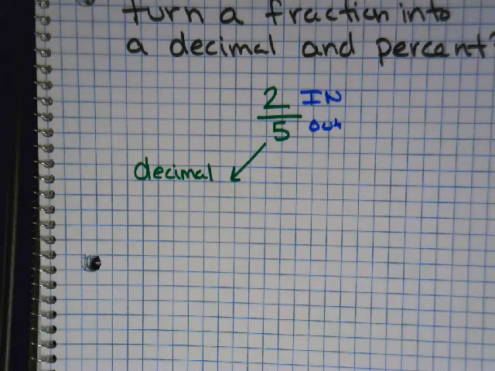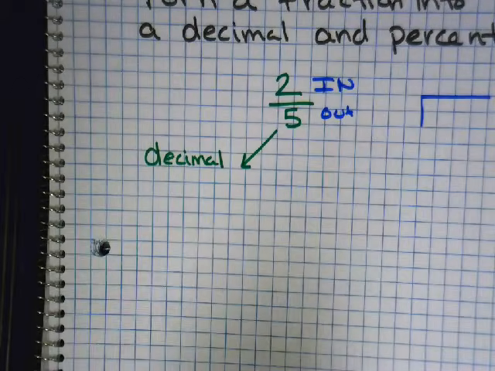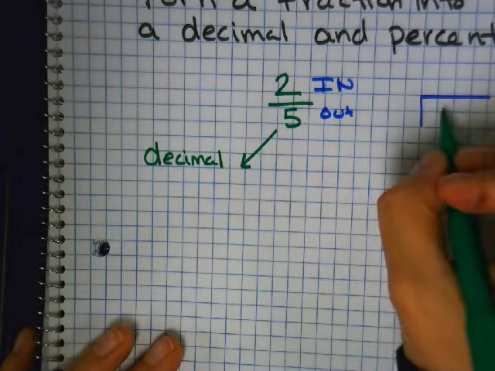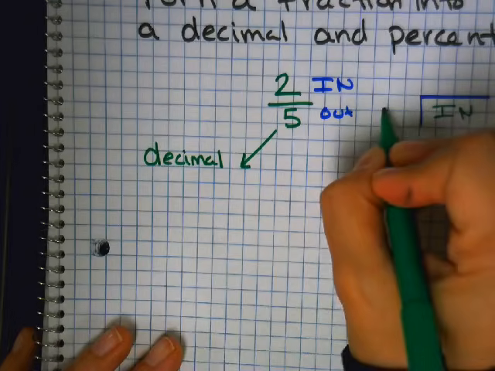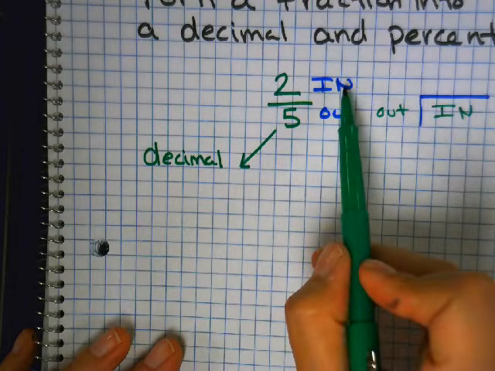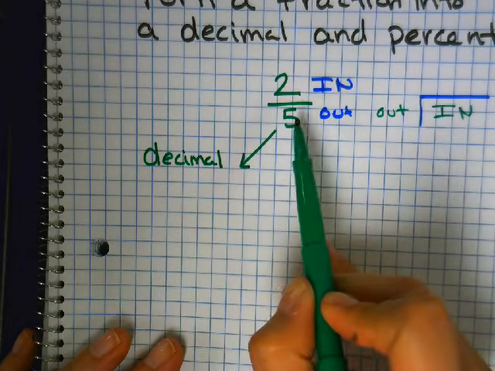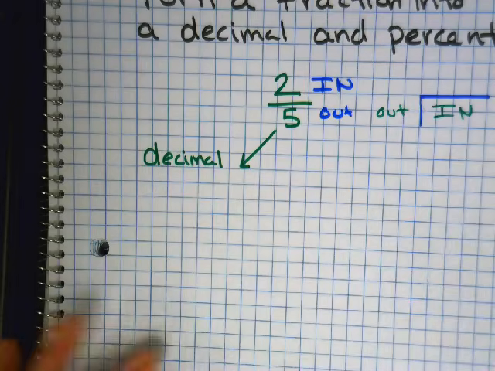Because it's a way to remember which number goes inside. So the top number, your numerator, will go inside and your denominator will go outside.